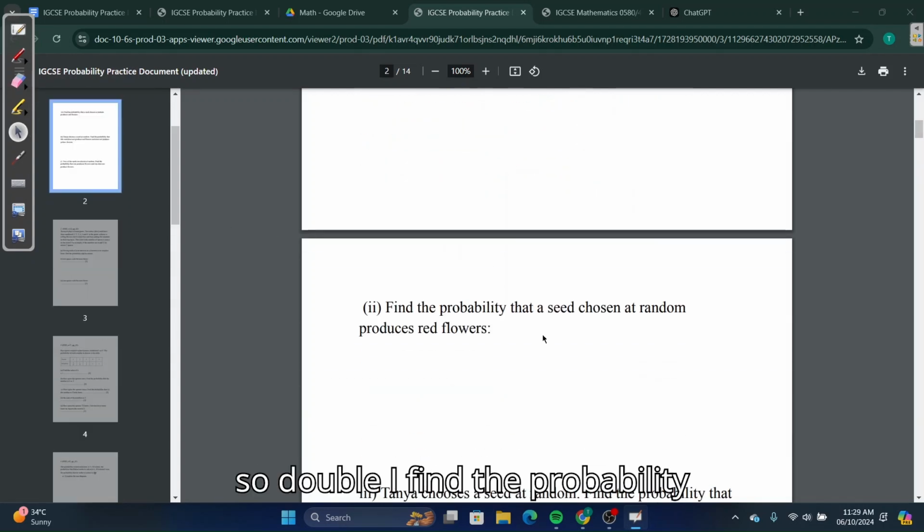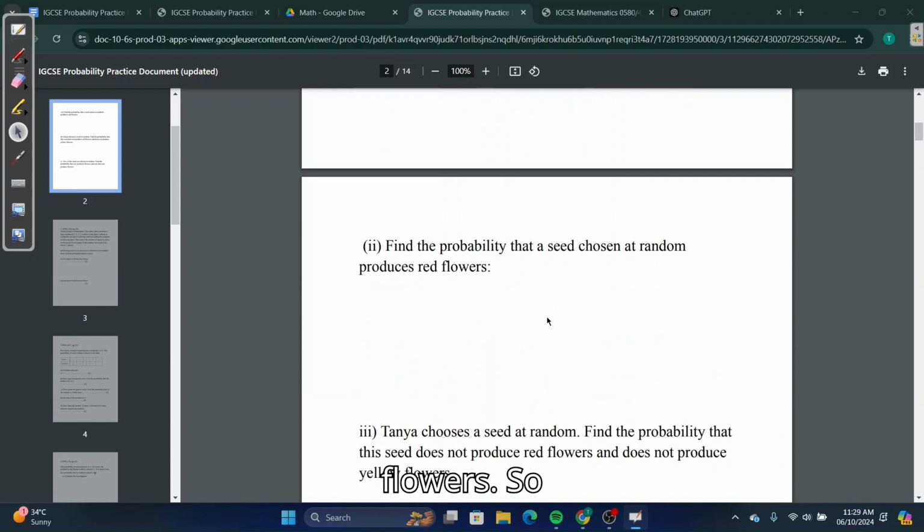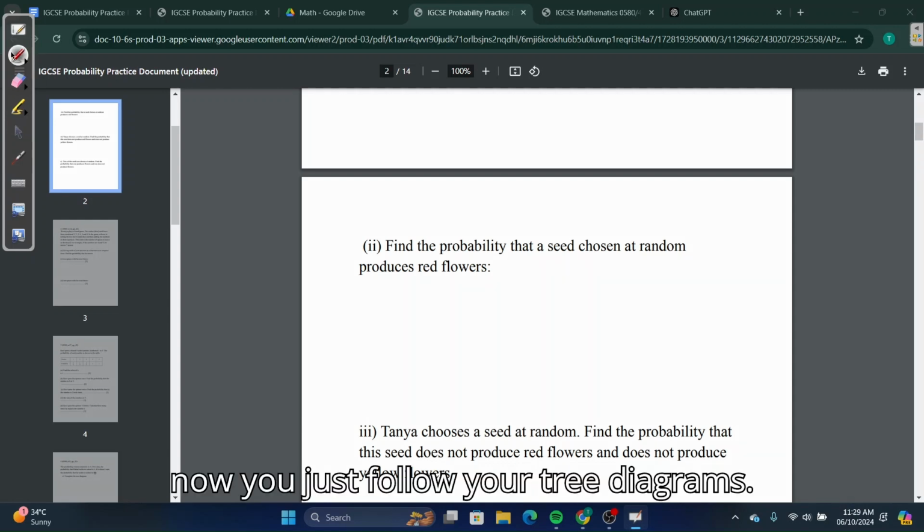Part B, double I. Find the probability that the seed chosen produces red flowers. So now you just follow your tree diagram.